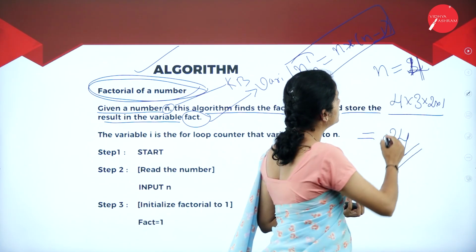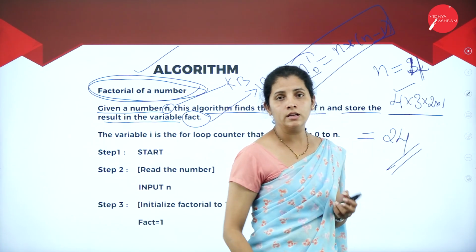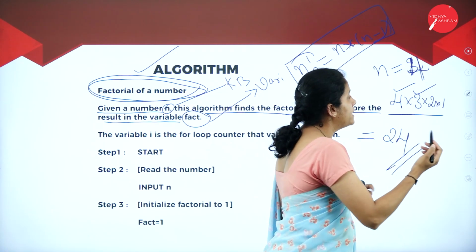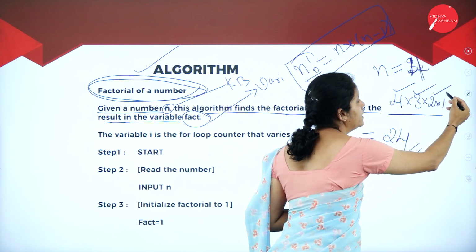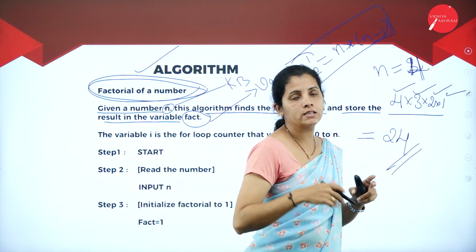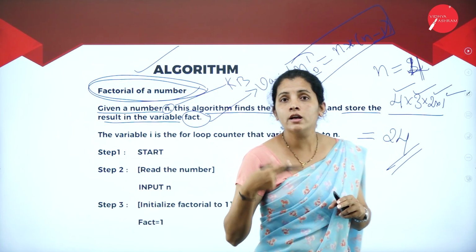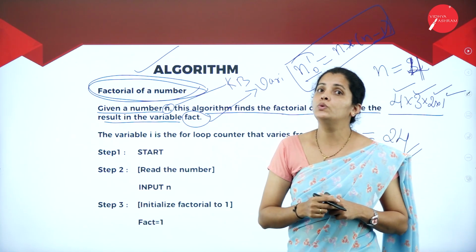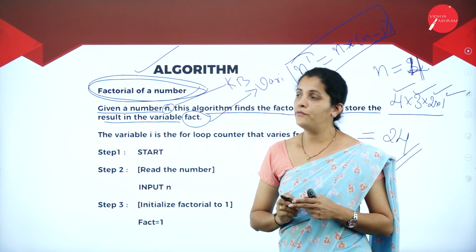For example, at the beginning, I'm going to have 4. Then in my next time, I'm going to have 3. In my next time, 2. And I'm going to have 1. So it is a continuous or repeated process. For that reason, I'm going to use the for loop.